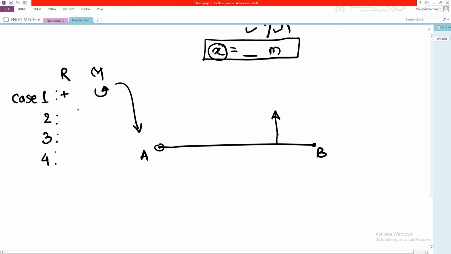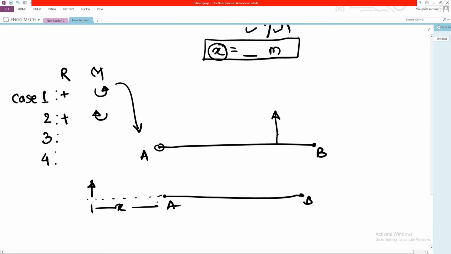In case the resultant is positive and the moment is clockwise, then let's say this is the beam AB, then we will have to put the resultant over here, and this will be the perpendicular distance x. In the first case this was the perpendicular distance, then this is the second case.